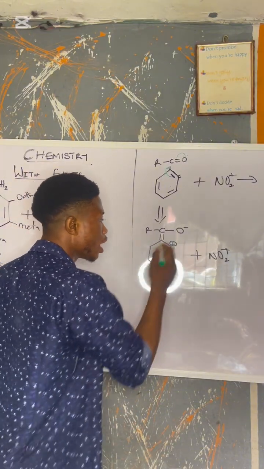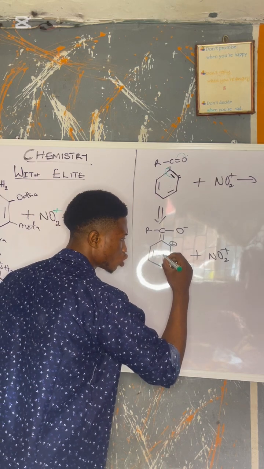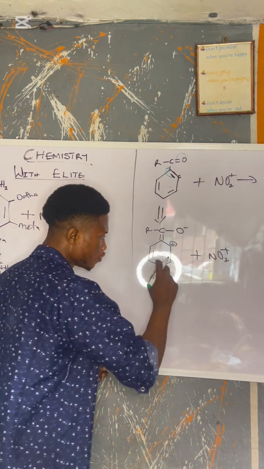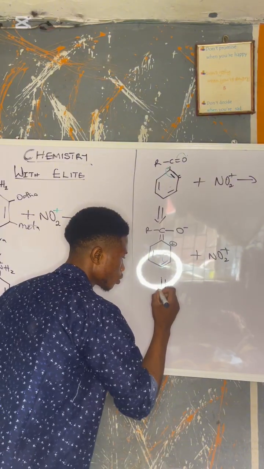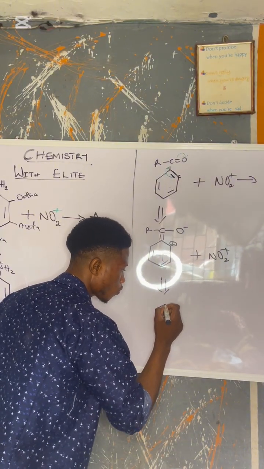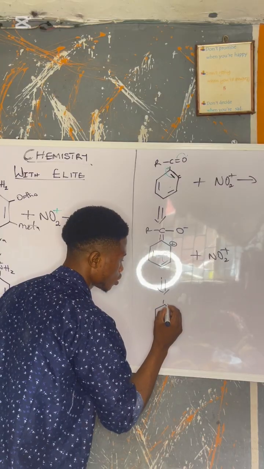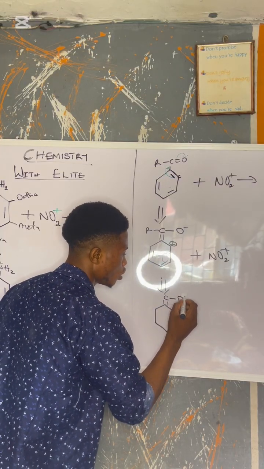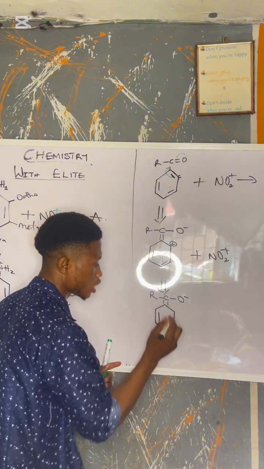Are we good? Now this is what we have. This can be one. Another one that we can have is that this electron here can also move here. If this moves here, let's look at what we are going to have. We have O negative connected to R. Now this is our double bond. Nothing is happening to this one.